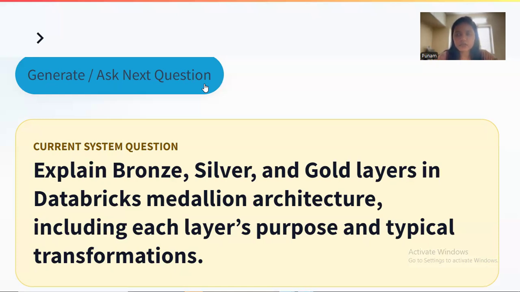In the gold layer, there is no issue with the data. Everything is taken care of in the silver. So these are the three layers, and these are the transformations we do at each step. Okay, great. Let's get to the next question.